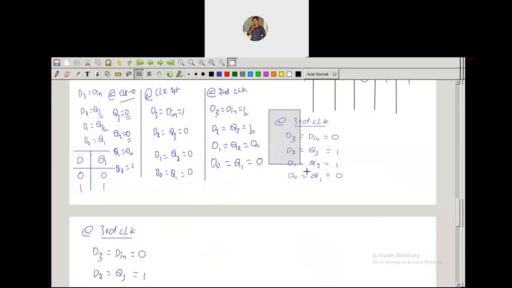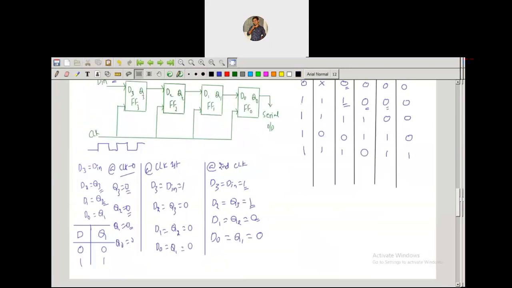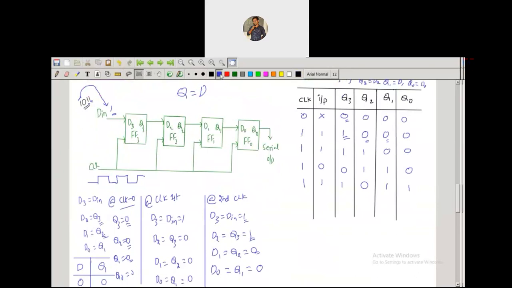It's not yet extracted, it's simply stored here. So up to these 4 clock pulses, the data is stored here. And now I want to apply one more clock pulse.